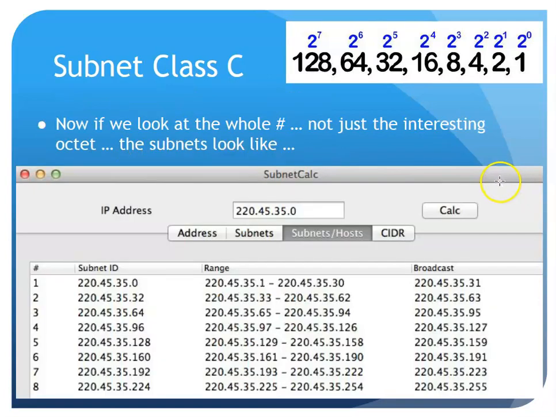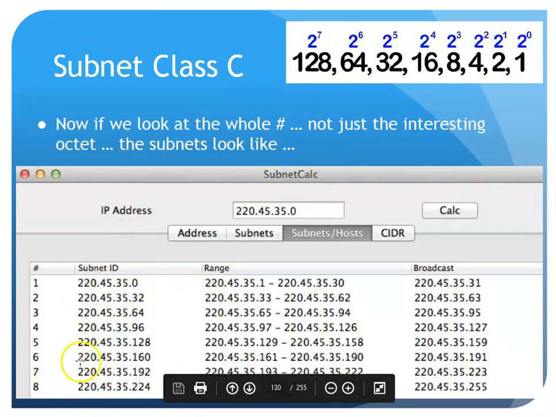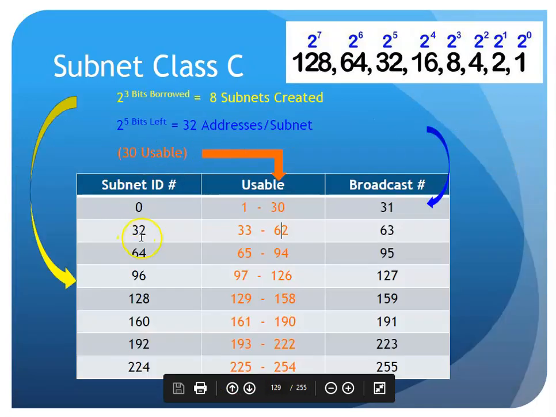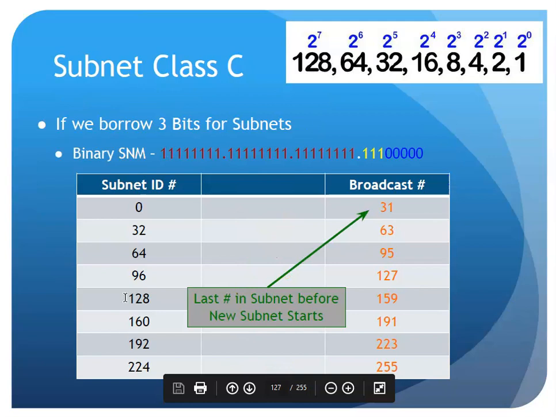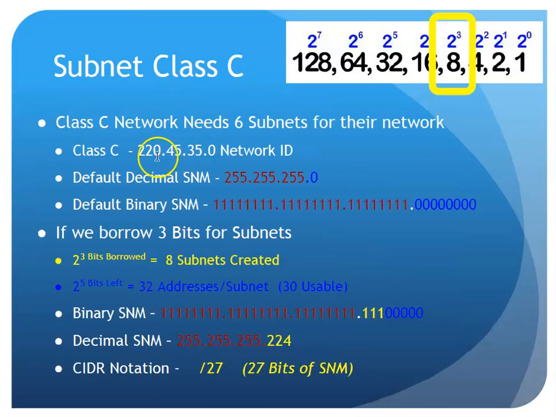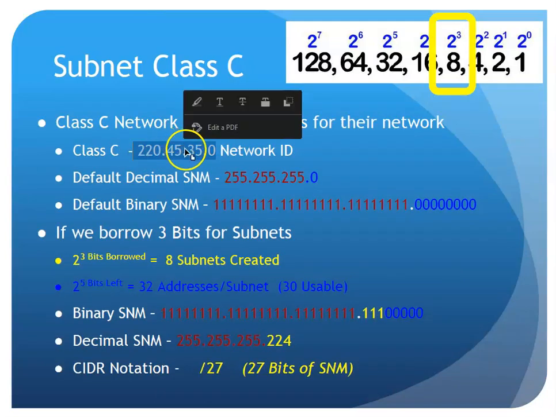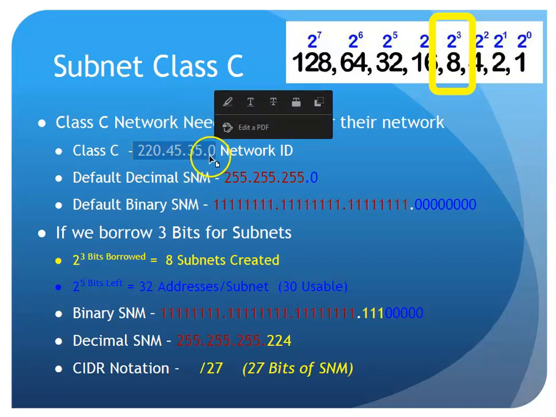So there is a Subnet Class C calculation showing you the subnet numbers over here, the usable addresses in the middle, and the broadcasts over here. And you'll notice in our example, we were just focusing on the last octet because that's the easiest way to do it. But if we go back to the beginning, it's really 220.45.35 and then we have the last octet.